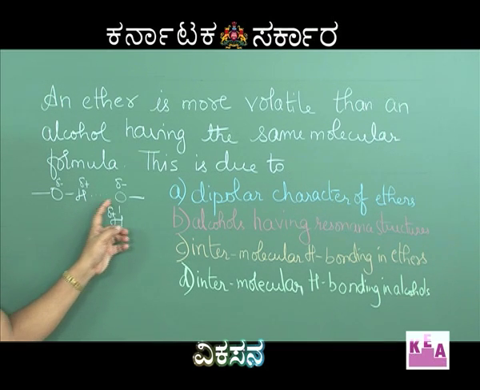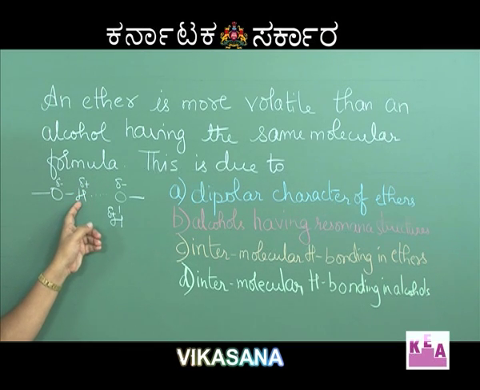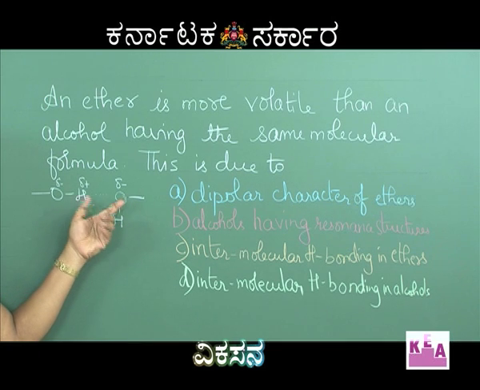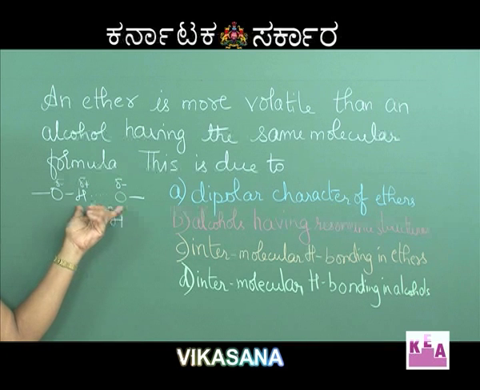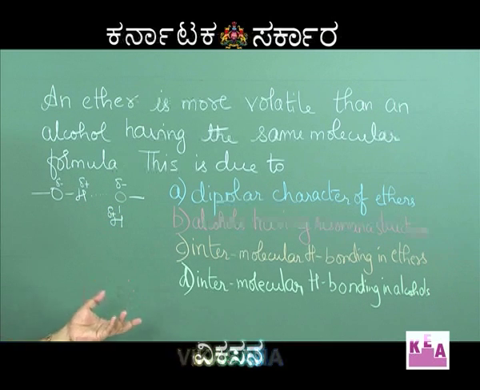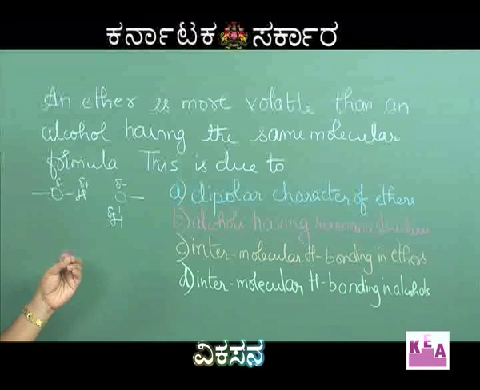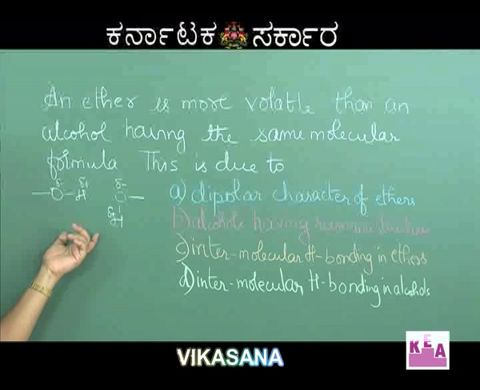The hydrogen bond exists between the small positive charge of hydrogen and the small negative charge of oxygen, and therefore a bond is formed between them, and because of this hydrogen bond, some properties of the compound change. What are those properties? We have already understood, like boiling point or the volatility of the compound, all this changes because of hydrogen bonding.